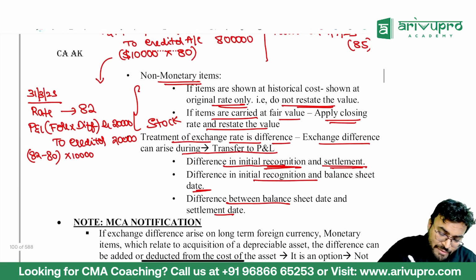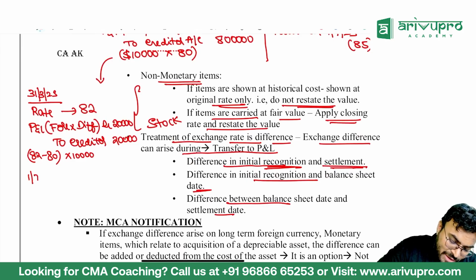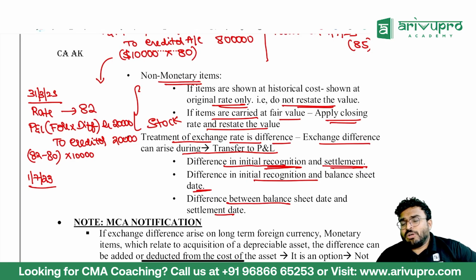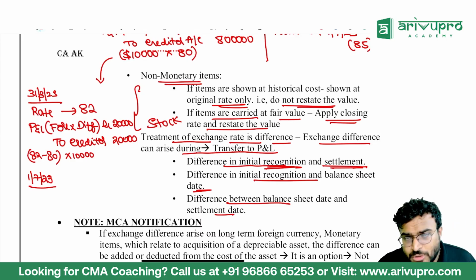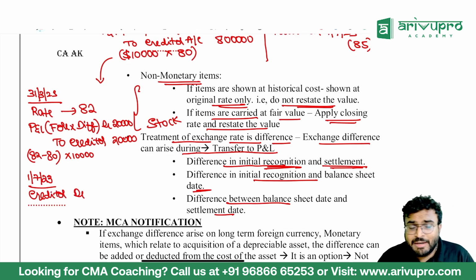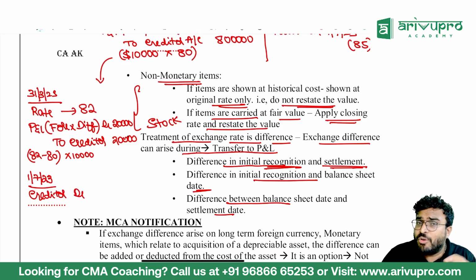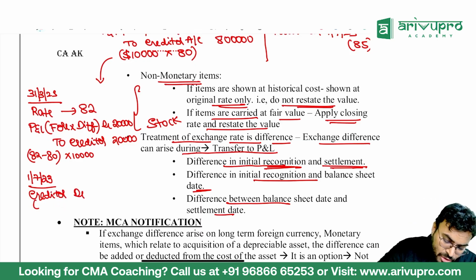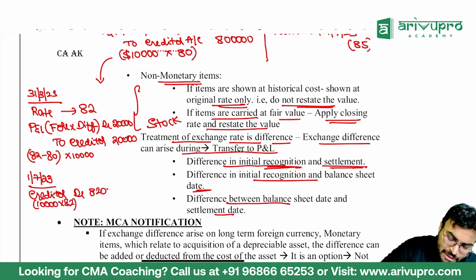And when are you going to pay? 1/7/2023, you are going to make the payment. You will write creditor account debited, but for what value? Till now you have recorded the creditor at 82 only. Creditor account will be debited for $10,000 into 82, which is 8,20,000.